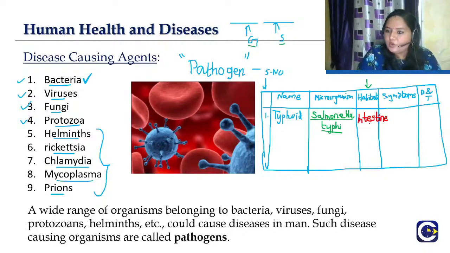So since we know that it is residing inside the intestine, what are the causes, or by which mode can we get this bacteria inside our body? How do they invade our body? Can anyone tell me in what way they can gain entry into our body?